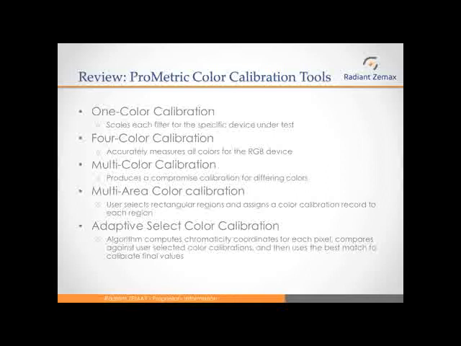We have a multi-area color calibration, which is where the user selects different regions and applies different calibrations to each region. And finally, we have adaptive select, where the user associates chromaticity values with calibrations, and then the software is able to extrapolate those associations over the whole image.